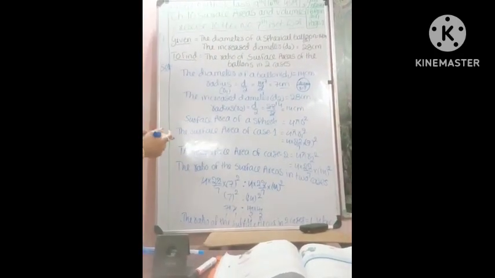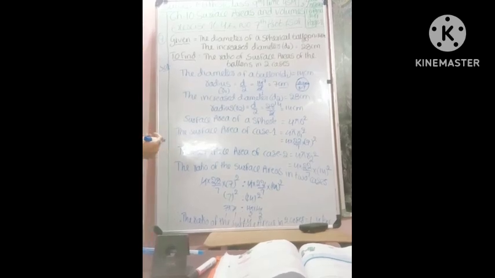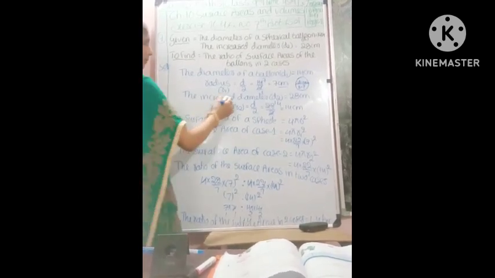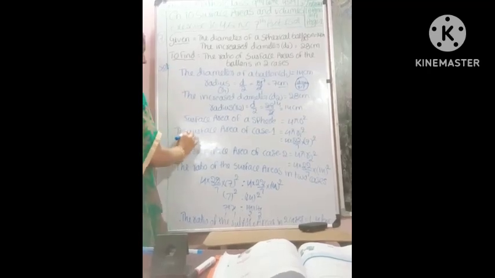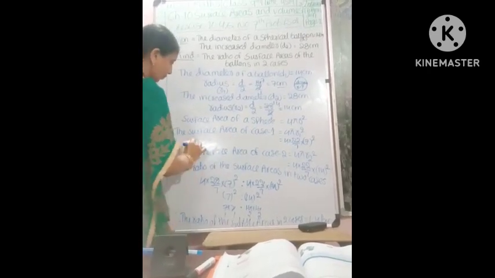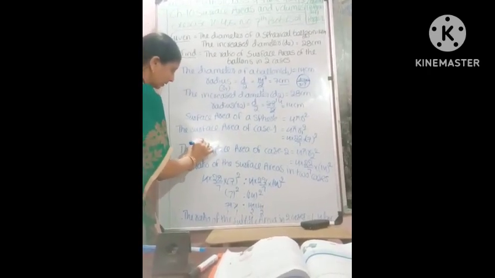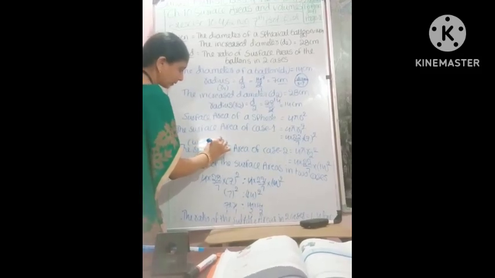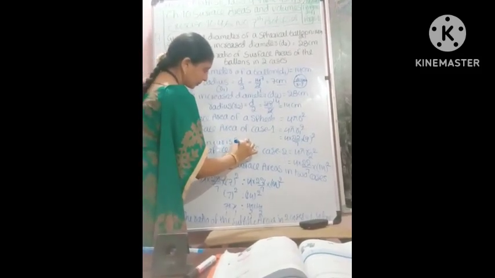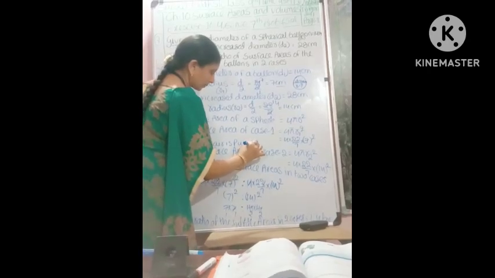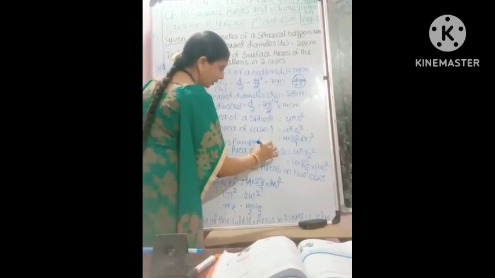Next, when air is pumped, here is the diameter. The surface area of case 2 is when air is pumped into the balloon.